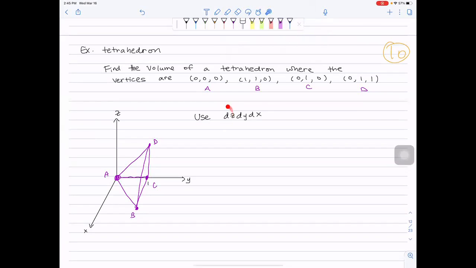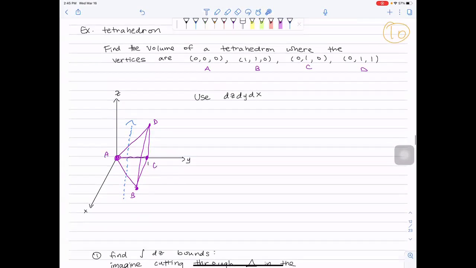Now we want to start with a line in the increasing z direction, going up this way. Does anyone want to tell me what plane z enters? Yes, 0. So z enters at z equals 0 because this triangle here, flat, is on the xy plane.